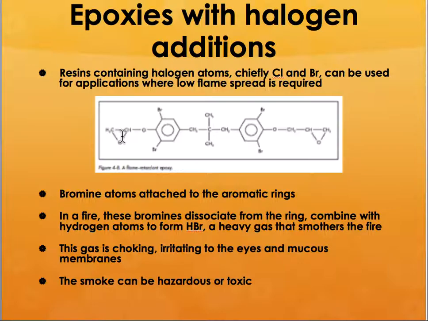There could also be epoxies with halogen additions such as chlorine and bromine, which are used where you need fire resistance. They have great properties; they don't catch fire that easily.